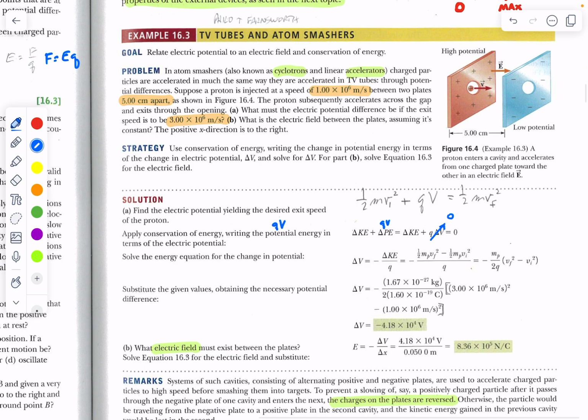Now, example 16.3, TV tubes and atom smashers. These are the old-fashioned TV tubes. You might remember, if I can try to draw an old-fashioned tube, if this is the face of the tube, and then it kind of came back down here, and it had a narrower ending here.